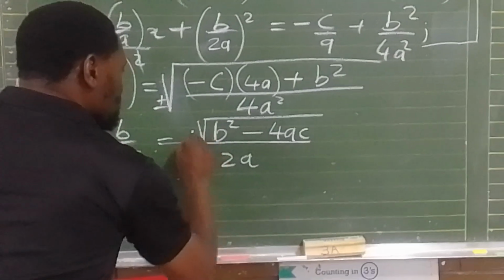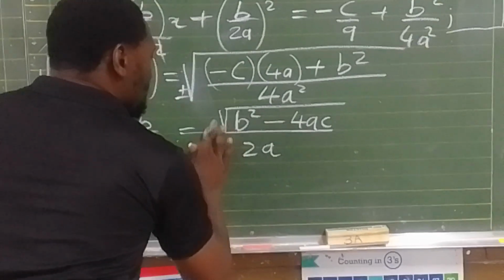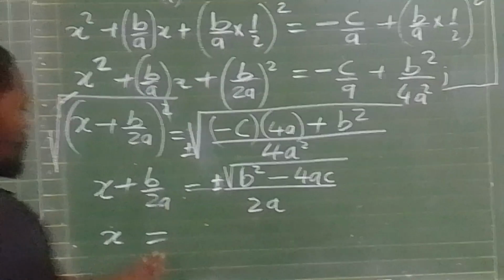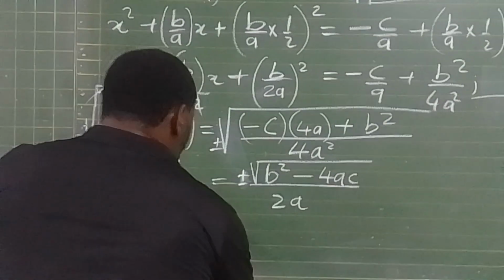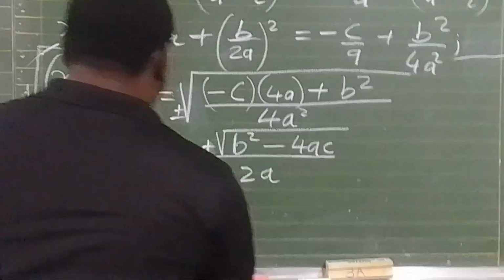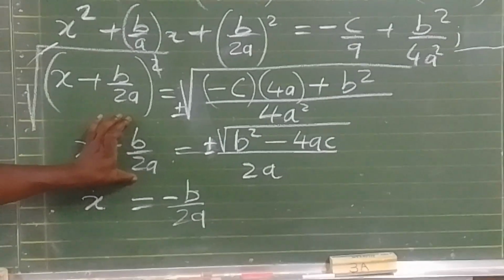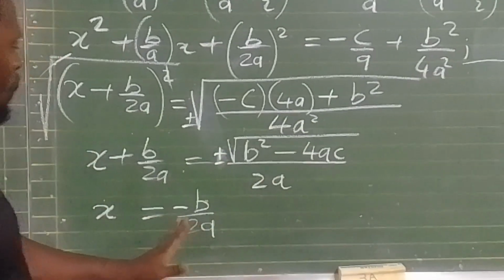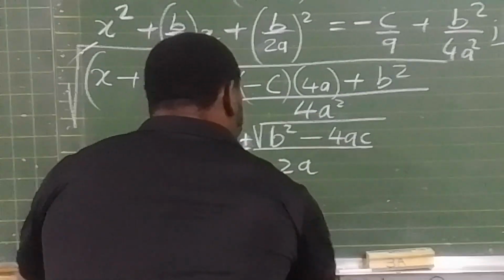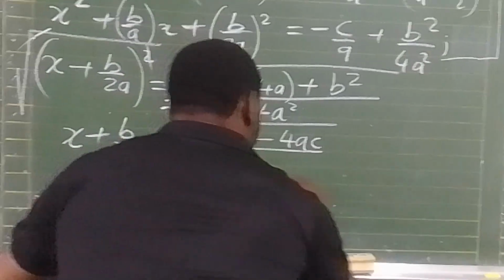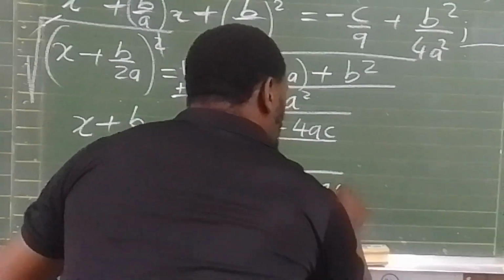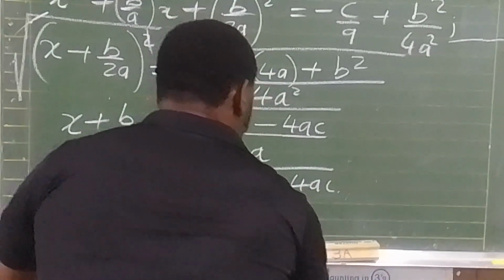So here we are sitting with a plus or minus, which is going to be equal to minus b over 2a. It was positive b over 2a, you take it that side. It's going to be minus b over 2a plus or minus the root of b squared minus 4ac, divided by 2a.